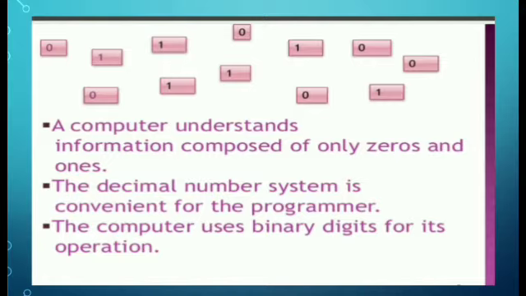A computer understands information composed of only zeros and ones. That's why we are taking zeros and ones, because the decimal number system is convenient for the programmer, while at the same time the computer uses binary digits for its operations. That's why we use zeros and ones here. Okay, students? Right.